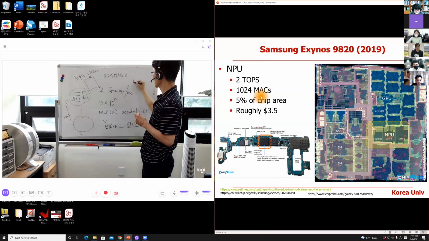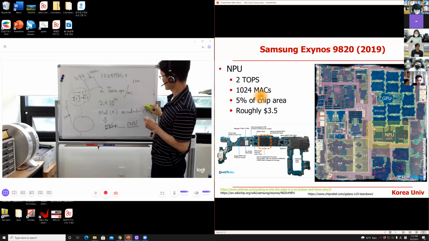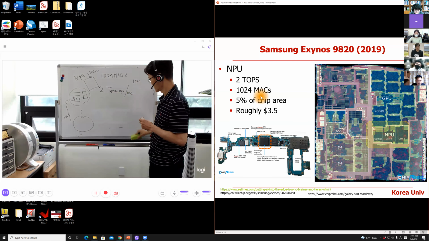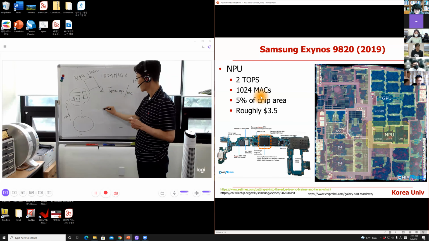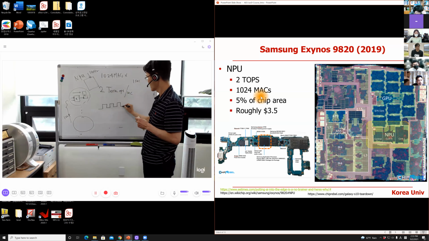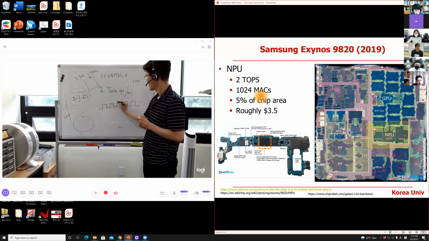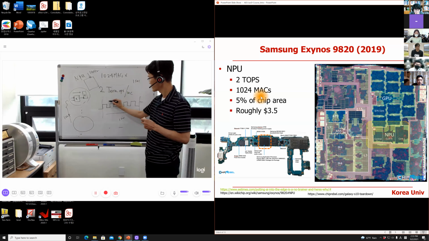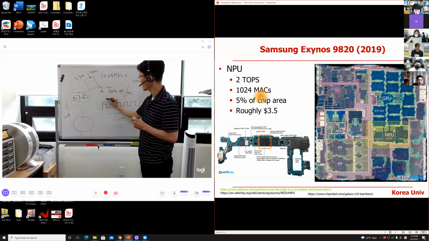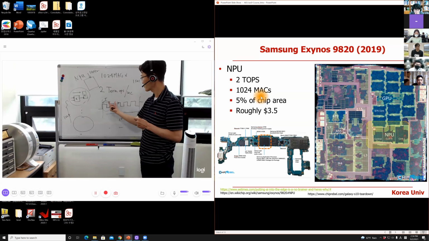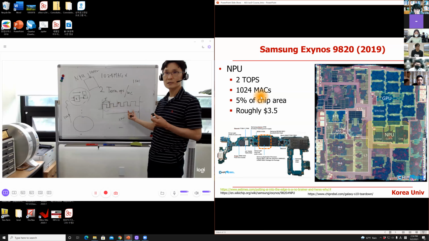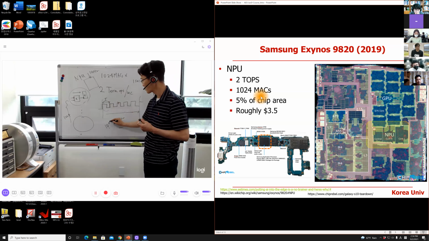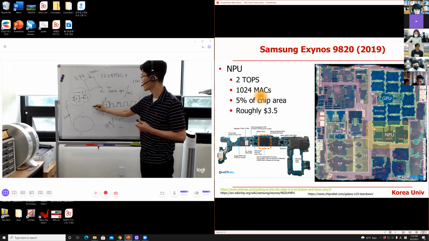In 1 second, you have 1 billion, 10억 clock pulses. That is 1 gigahertz.